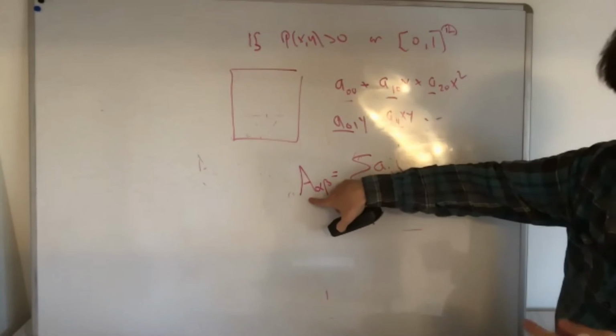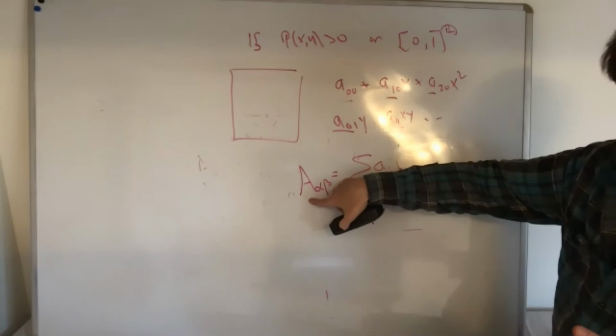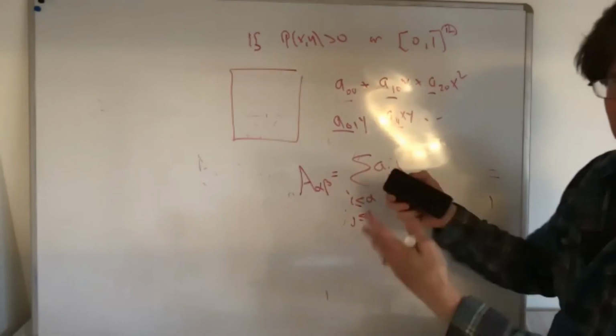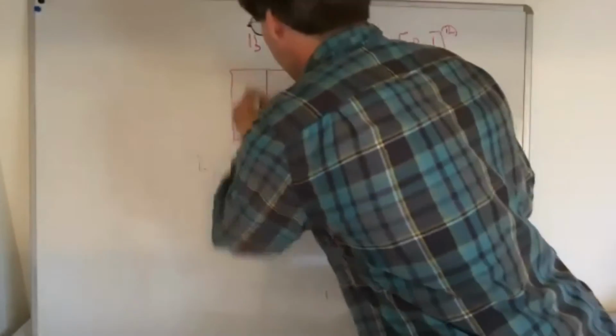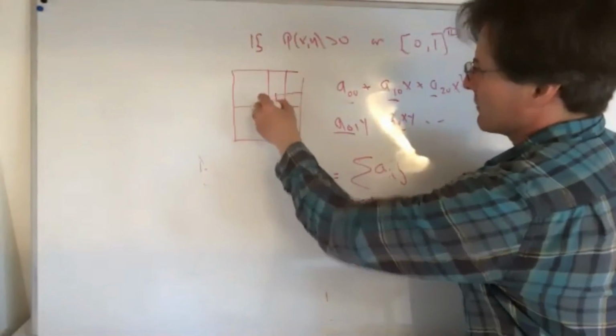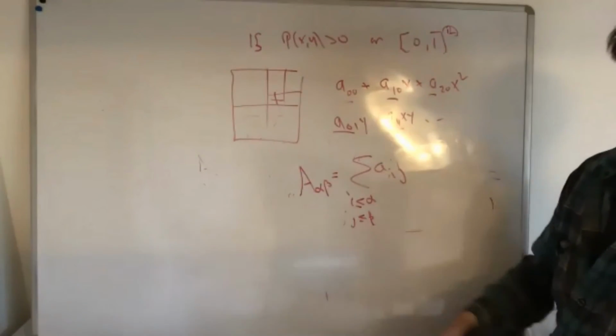And if all these are positive, then we're good. It's the same kind of argument. It's positive. And if this fails, I can divide the thing up into quarters and retry it. So again, there's a subdivision algorithm which will verify it.